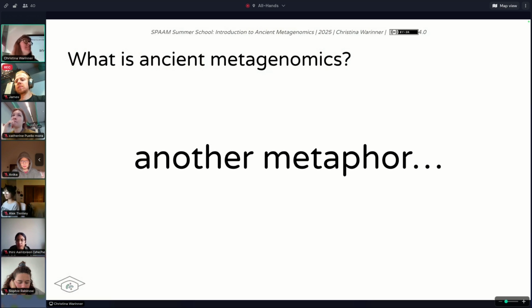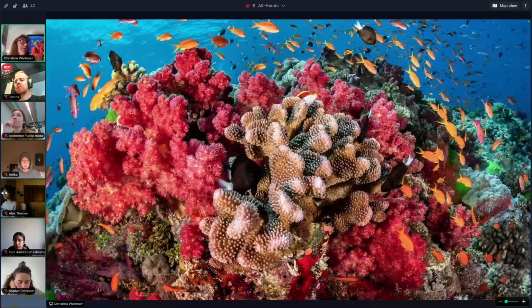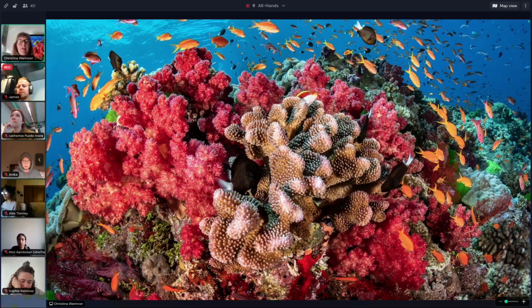I'm going to use another metaphor here. That was our puzzle metaphor, but another good metaphor is that of a coral reef. When we talk about ecology or microbial ecology, people often use the metaphor of a coral reef, which is actually quite apt. A coral reef is a complex ecology of many different species that all work together to form something bigger than itself.